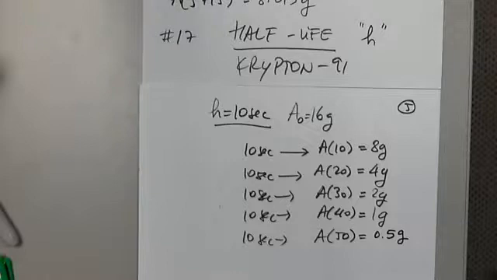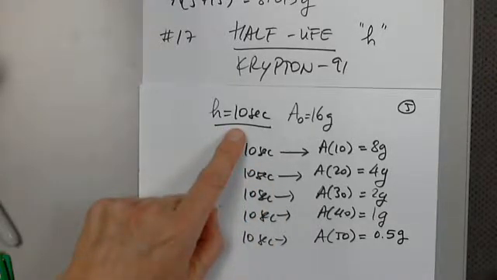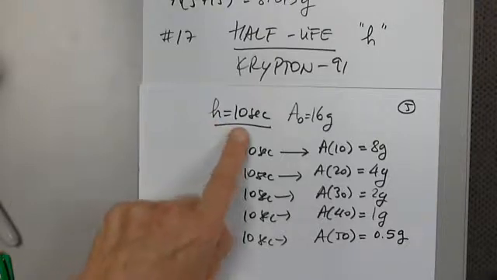Is it going to sound like a stupid question? No, go ahead. How did you get it to go from 16 to 8? We are told that the half-life is 10 seconds. Oh, so half of it. Exactly.